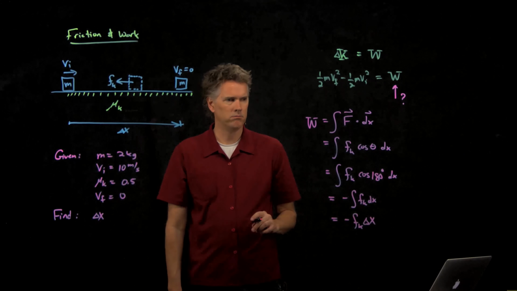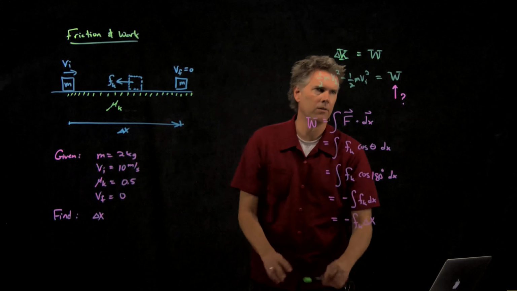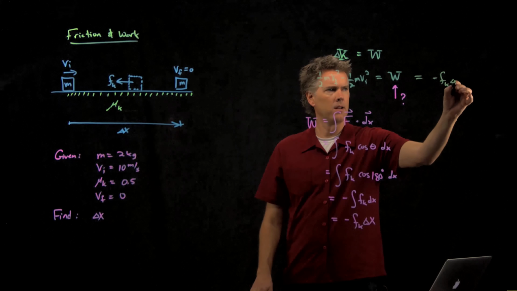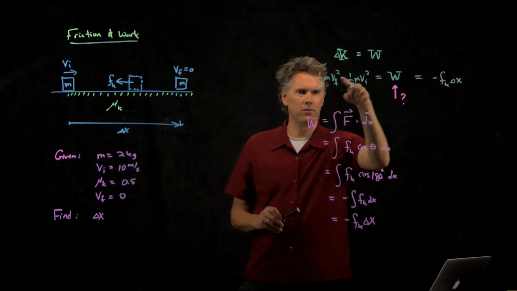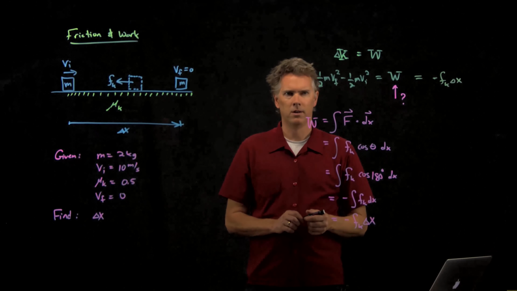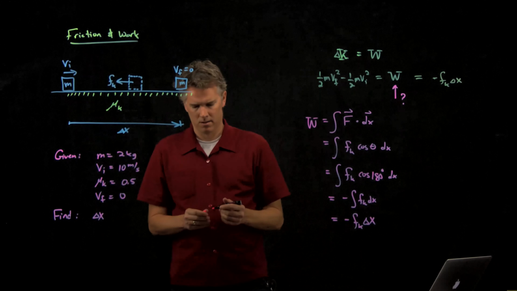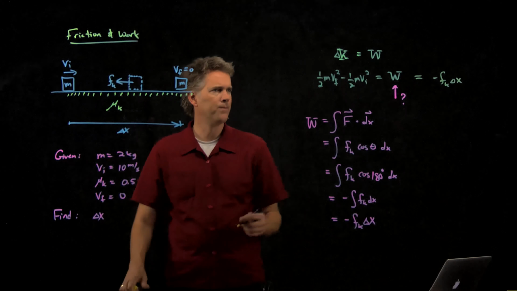All right, so we can put that up here in our equation. This has to equal negative F sub k times delta x. And now we should be able to take this and solve for delta x. Let's rewrite it. And we'll go with, how about yellow?